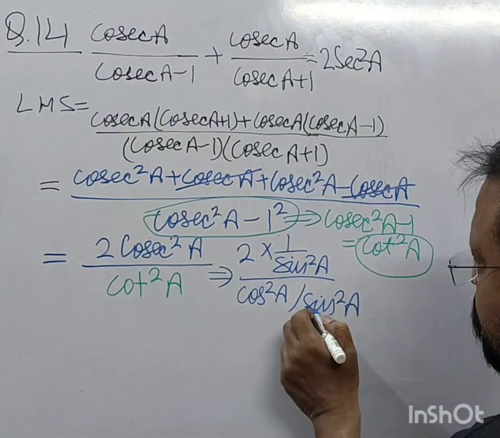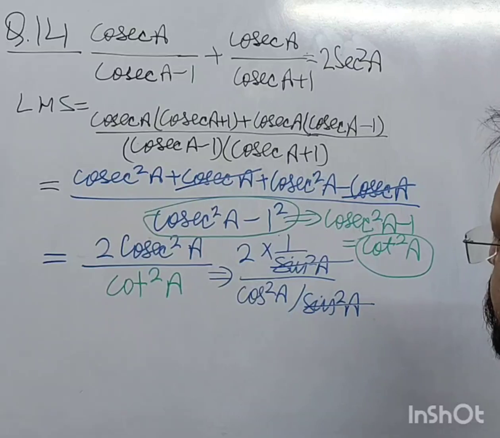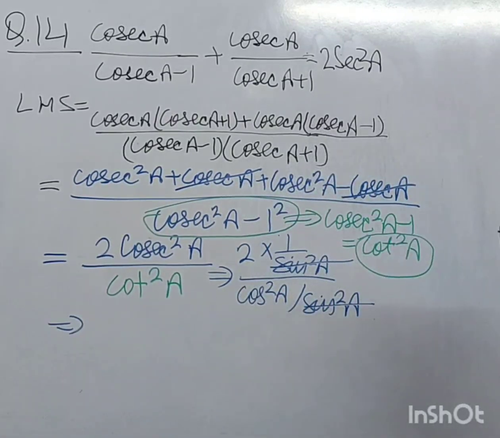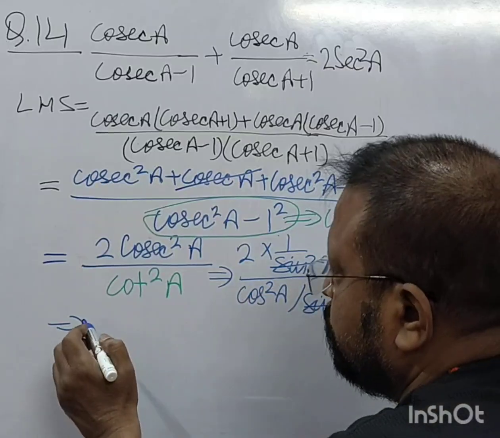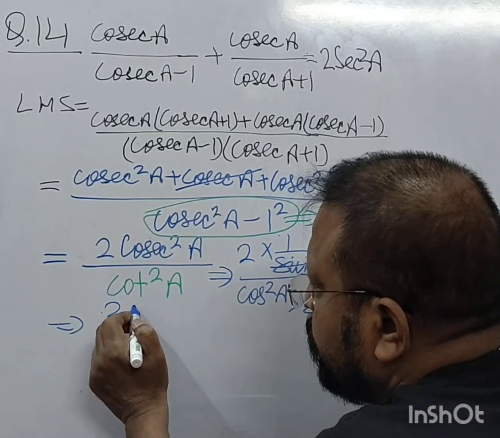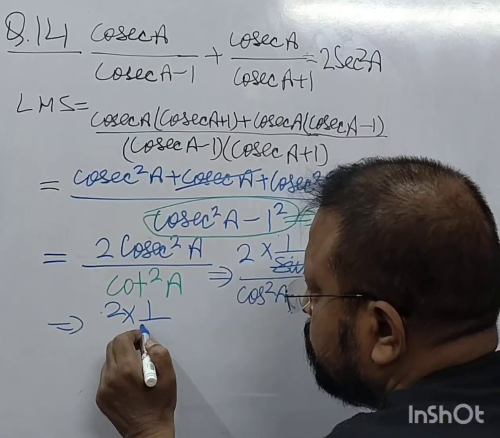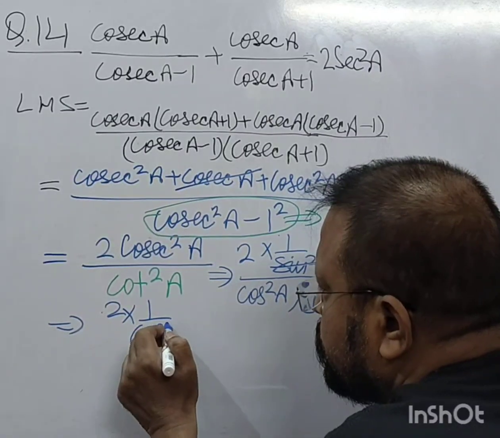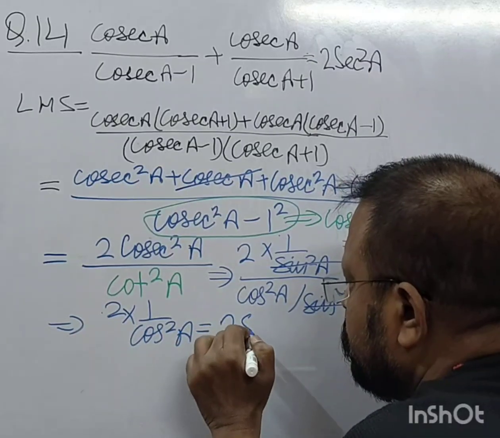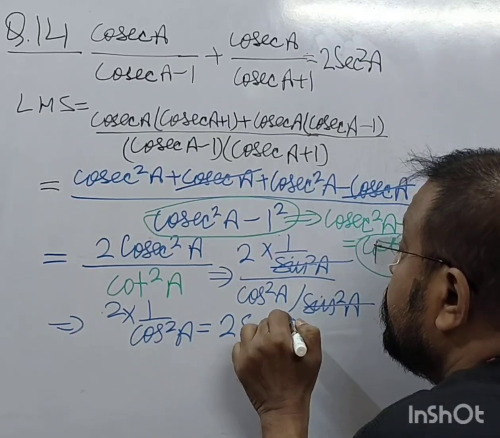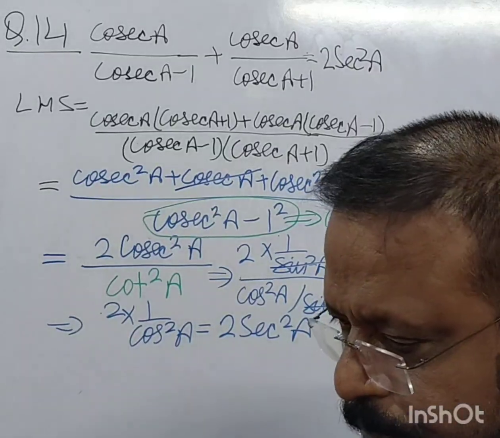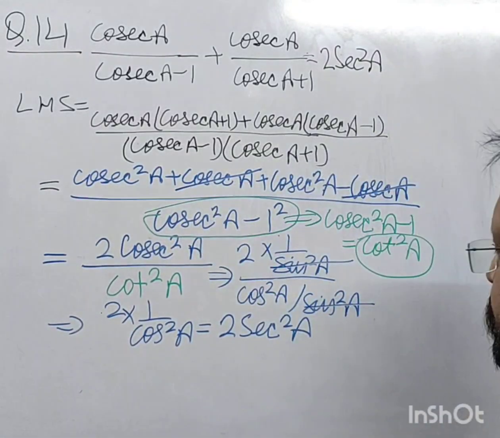So this sine square A and sine square A is cancelled out, and you will get 2 into 1 upon cos square A, that is equal to 2 sec square A, and that is equal to RHS.